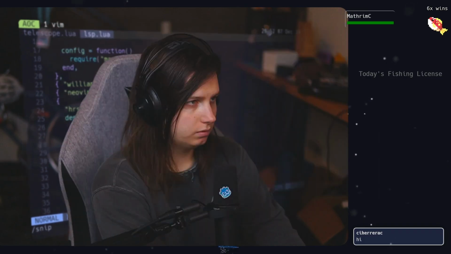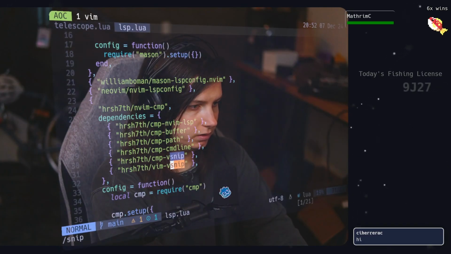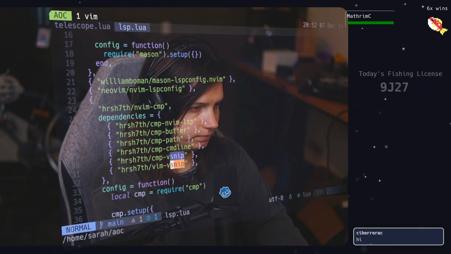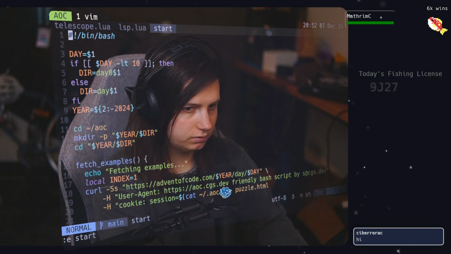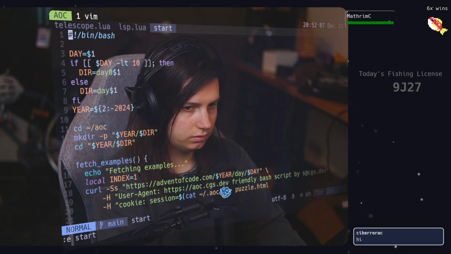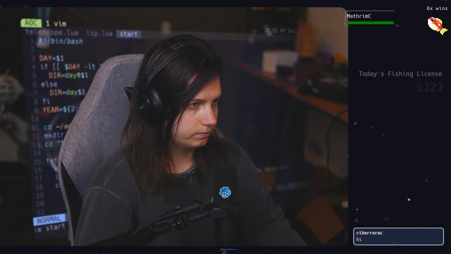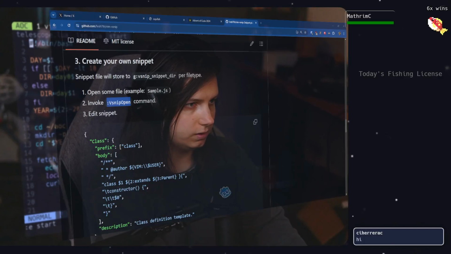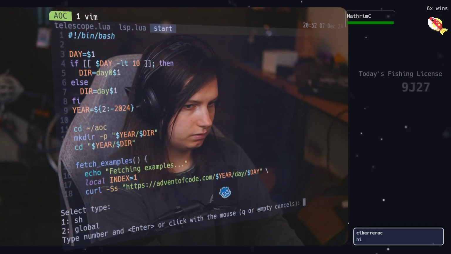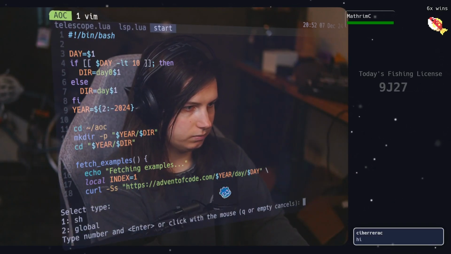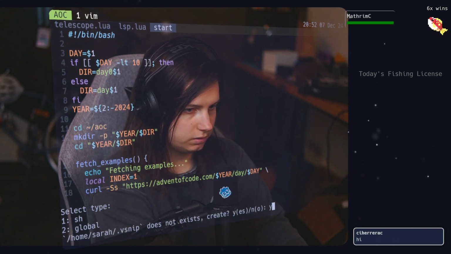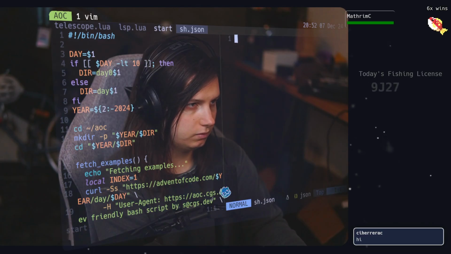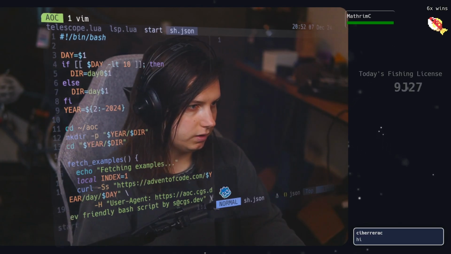Okay. So I can open like, I don't know, start. It's a bash script. And then I can do this command. Select type sh. Vsnip does not exist. Okay. Now what?